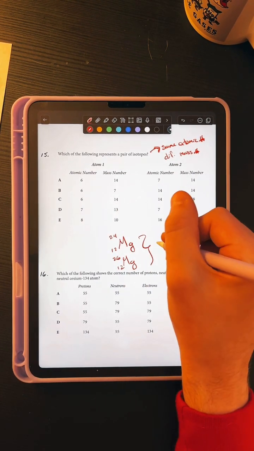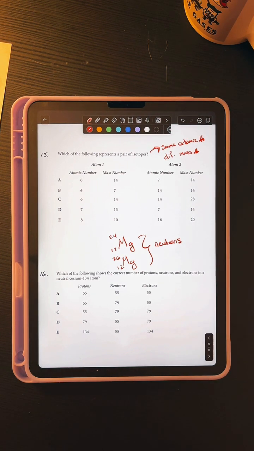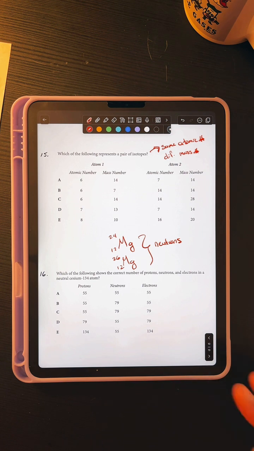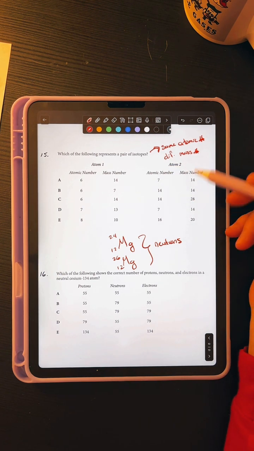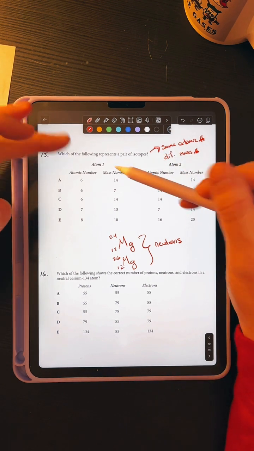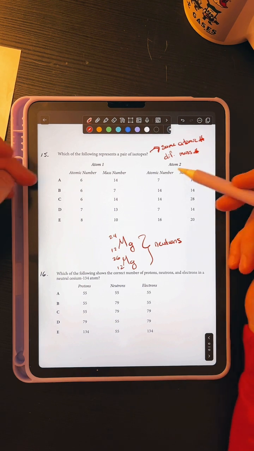That difference is just a difference of neutrons. Neutrons don't have a charge, so they don't affect the overall charge, but they do have a weight, which changes the overall mass. So here we're looking for an answer with the same atomic number in atom 1 and atom 2, but different mass numbers.